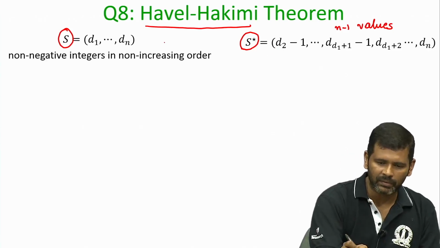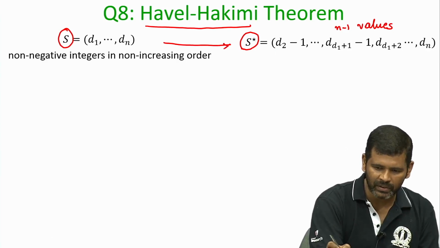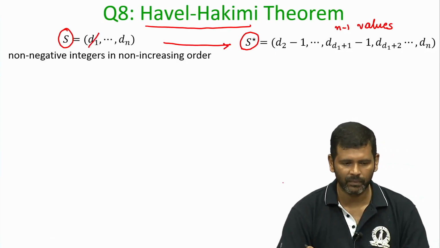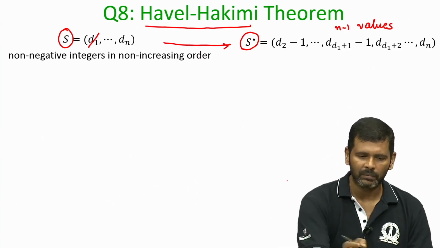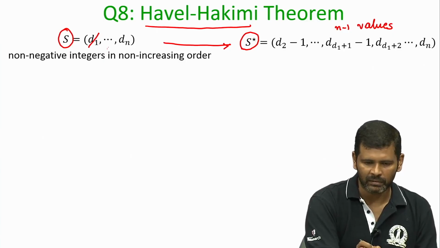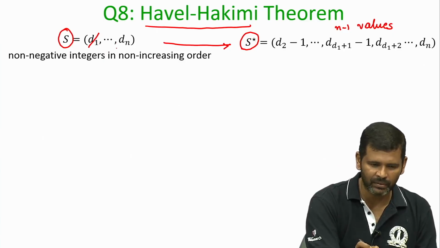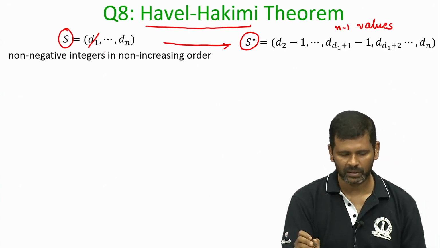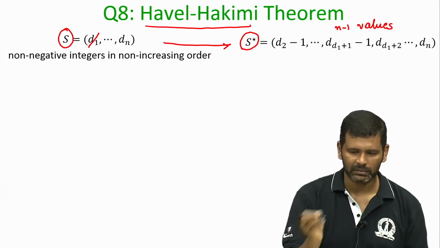The way we construct S star from S is the following: we first remove the value d1, and then from the next d1 values in the sequence S, we subtract 1 from each of those d1 values.